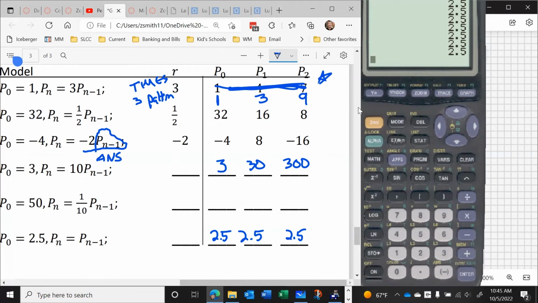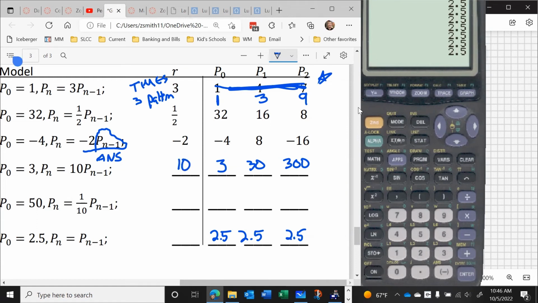This next one, you can think of it as a times 1/2 or a divide by 2, your choice. 32 times 1/2 is 16, times 1/2 is 8, or 32 divided by 2 is 16, divided by 2 is 8. But you can always think of them as times if you'd like. So times -2. -4 times -2 is 8, times -2 is -16, etc. So the R is what it's timesing, times 10.